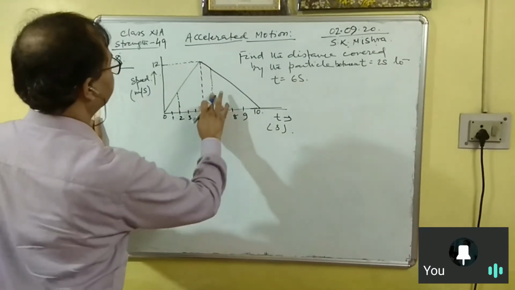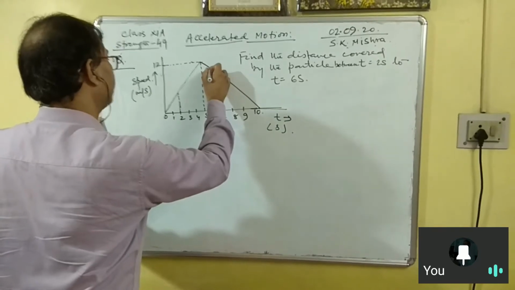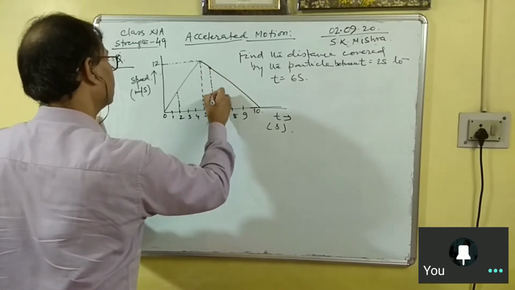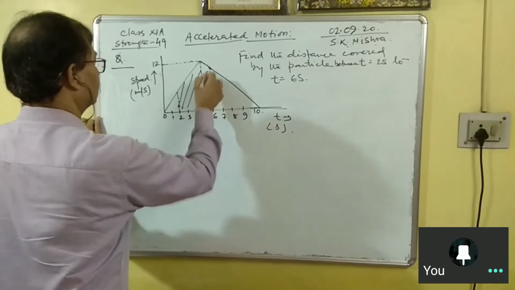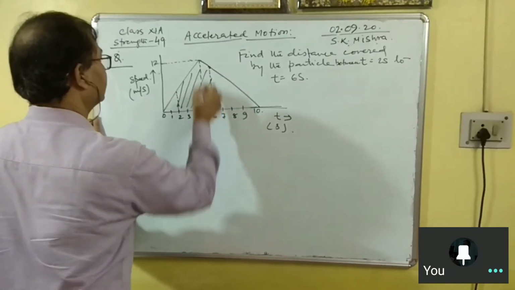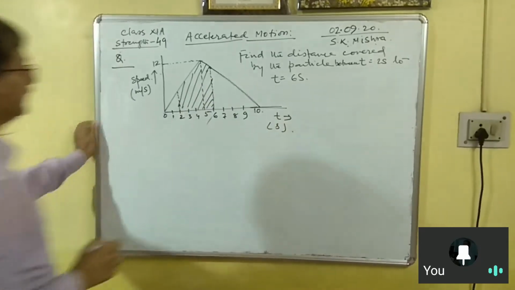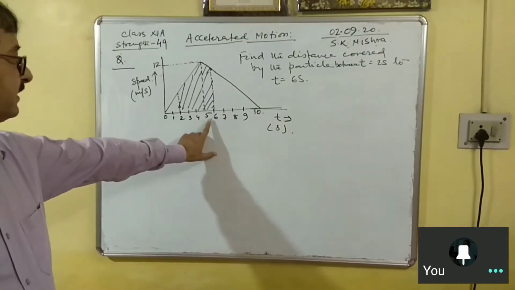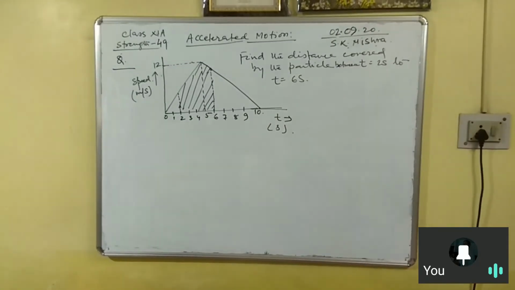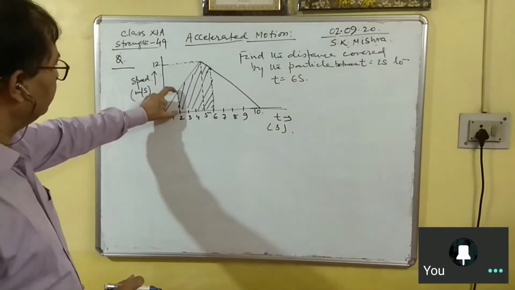So you have to find the area of this trapezium. This gives you the distance covered in t is equal to 2 seconds to t is equal to 6 seconds. So then you need this part.